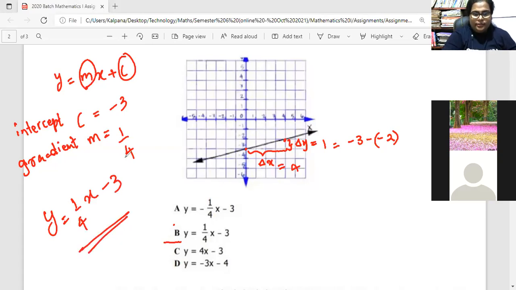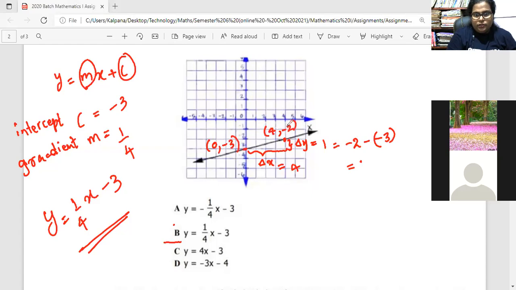Okay, then here there was a mistake, right? You have to take the value as -2 -3. The coordinates of this point are 4, -2, and the coordinates of this point are 0, -3.